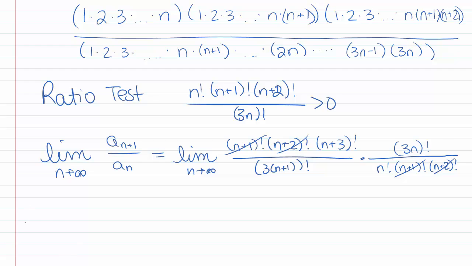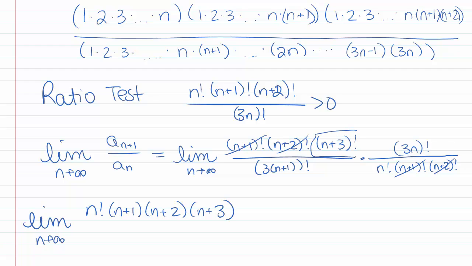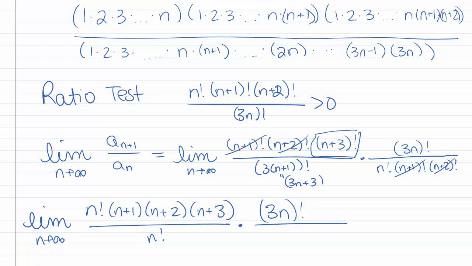So let's rewrite this as the limit as n goes to infinity of n factorial times n plus 1 times n plus 2 times n plus 3, that's rewriting n plus 3 factorial, divided by n factorial on the bottom, times, and now we have 3n factorial on top, and on the bottom we're going to rewrite 3n plus 1 factorial. So first of all, notice that this is 3n plus 3 factorial.